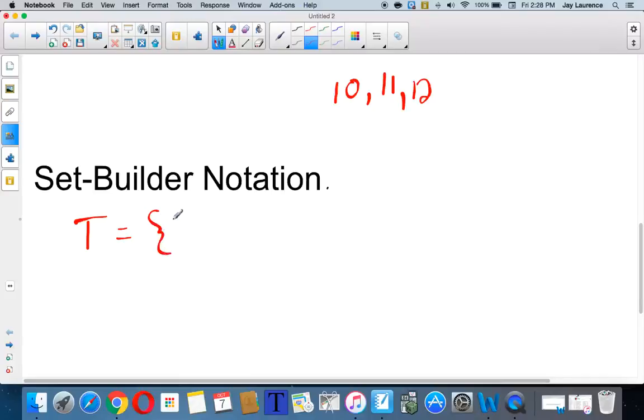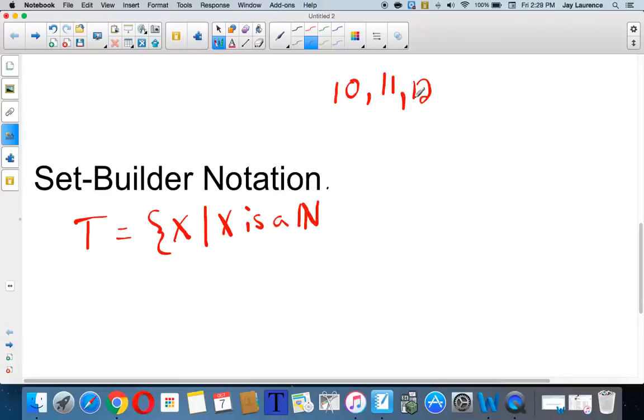It's going to be the set of x such that. This bar here means such that. x is, I look at 10, 11, 12, and I think x is a natural number. Excuse me, I meant to say x is a natural number, not n. All these are natural numbers.